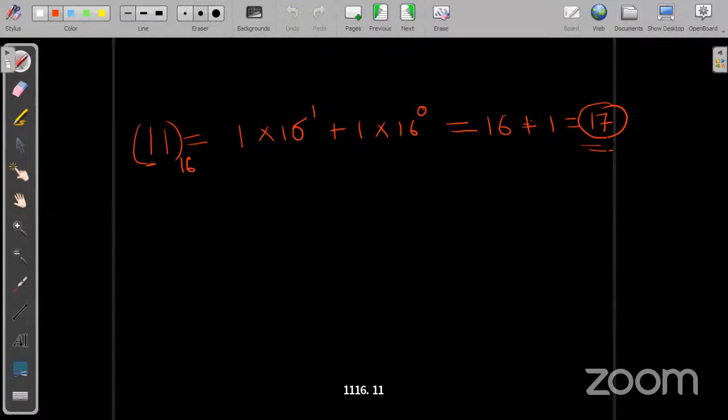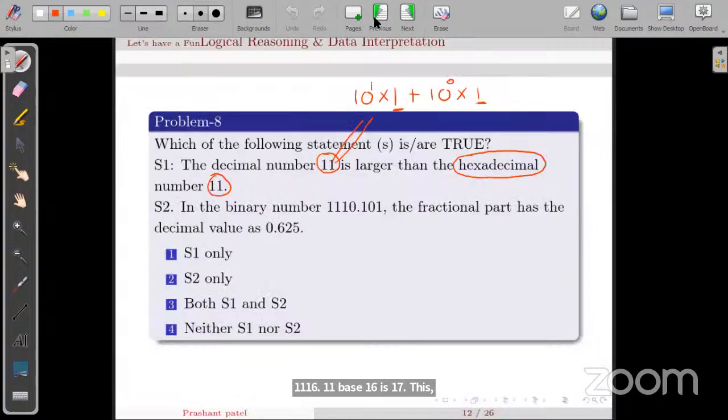Hexadecimal means this. Okay, now let us concentrate on the second question. In a binary number, the fractional part... what do we mean by fractional part? There are two parts.